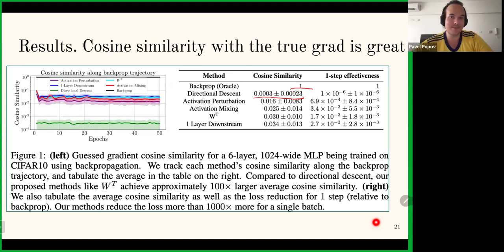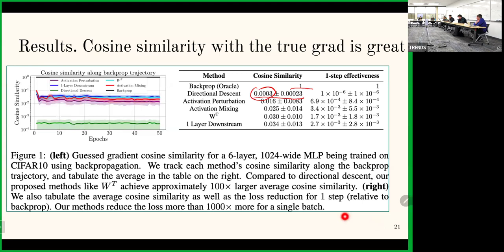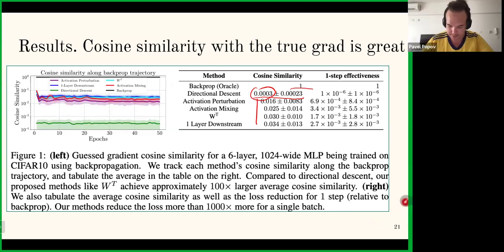Anyway, back propagation has a good cosine similarity. Forward gradient has a bad one. It is this number. And you see that the rest of the methods they are testing are showing much better cosine similarity than the forward gradient, but still very bad.